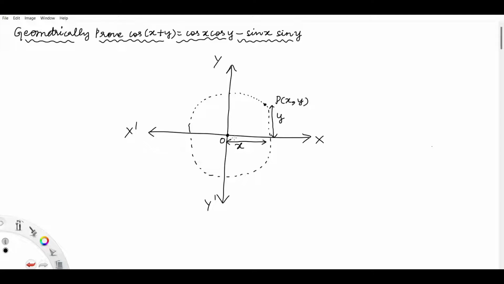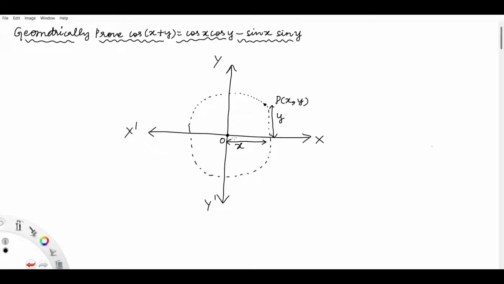Now, let me call this angle theta. This is y, this is x, and this is going to be perpendicular. Now, if we apply the trigonometric function sine theta, it is going to be opposite by hypotenuse. We know this is 1 unit. Opposite by hypotenuse, y by 1, which is nothing but y.